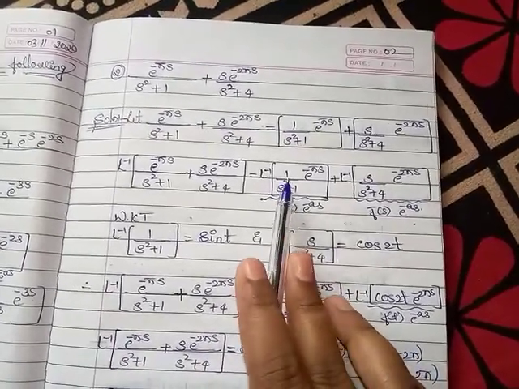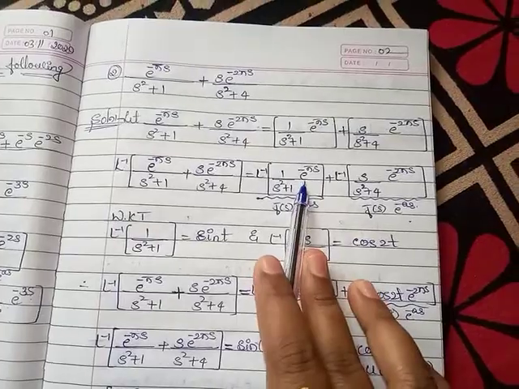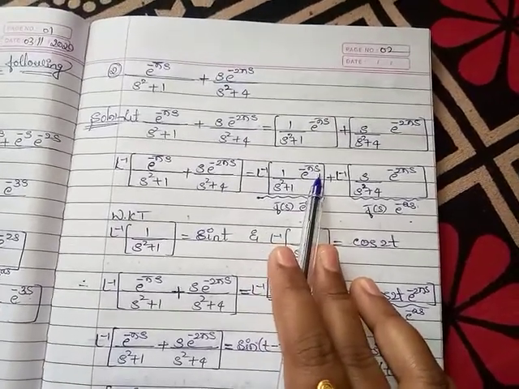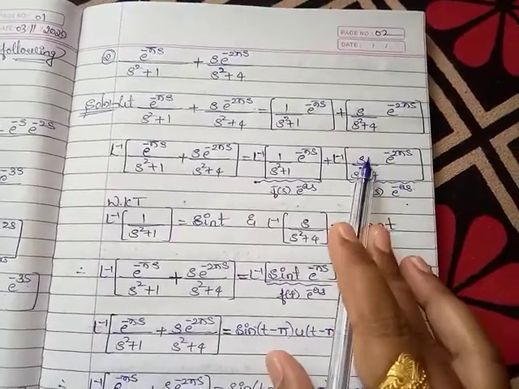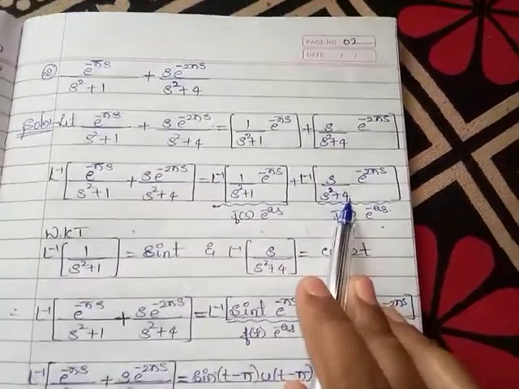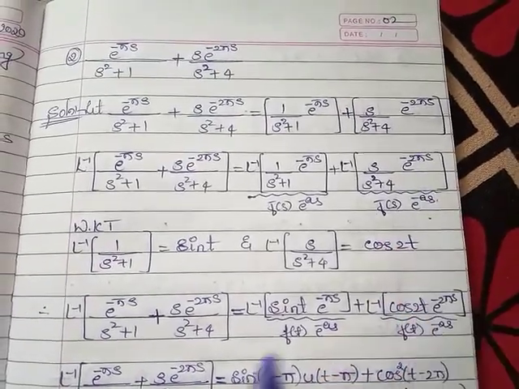In this term 1 by s square plus 1 is f bar of s and e raised to minus as is e raised to minus pi s. Here the a value is pi. Similarly, the f bar of s term is s divided by s square plus 4 and e raised to minus 2 pi s. The a value is 2 pi here.